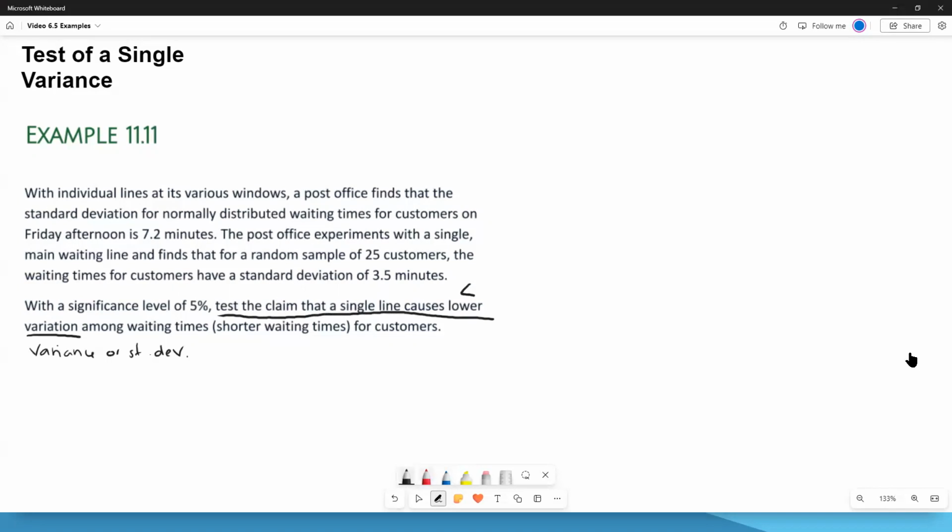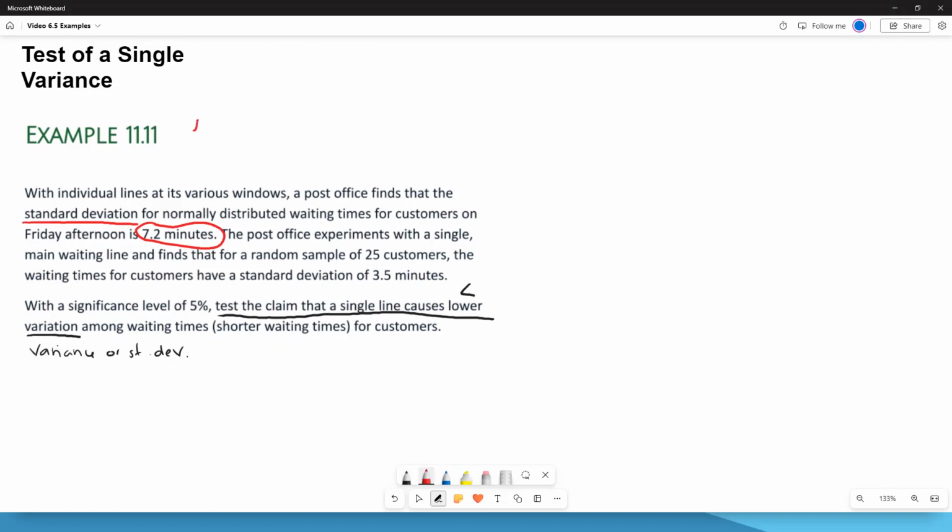And then let's pick through that problem. First it says individual lines at various windows, the post office finds that the standard deviation for normally distributed wait times is 7.2 minutes. So this right here is a population standard deviation.